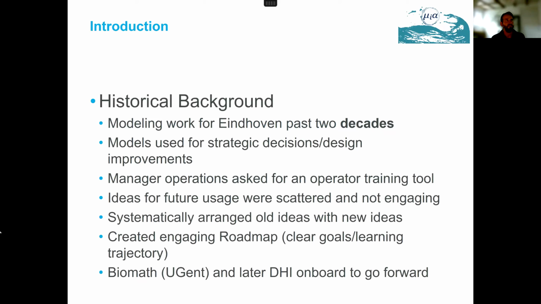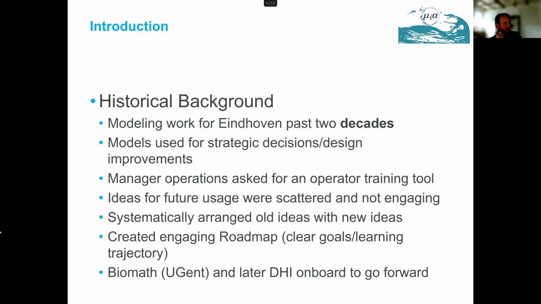Around 2010 to 2015, the manager of operations asked us at the Department of Innovation at the Dommel to build a wastewater treatment simulator to train operators and make them better at their job, also because people are moving into other jobs. We see that the older staff knows about all the exceptions, and the younger staff doesn't. So it would be a great tool.